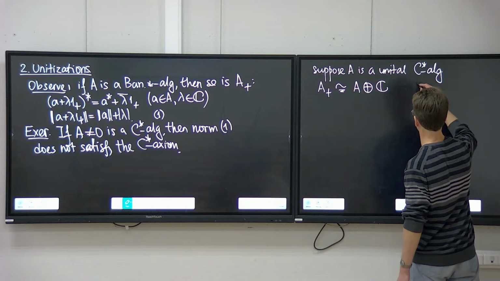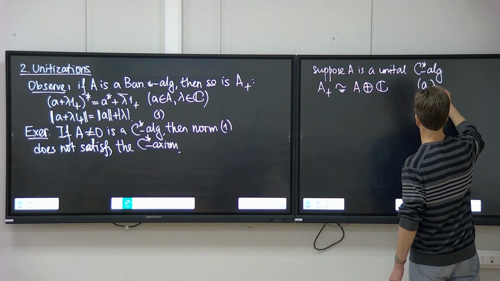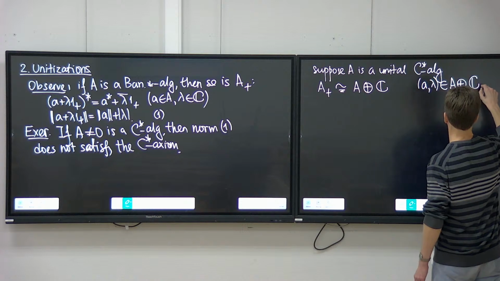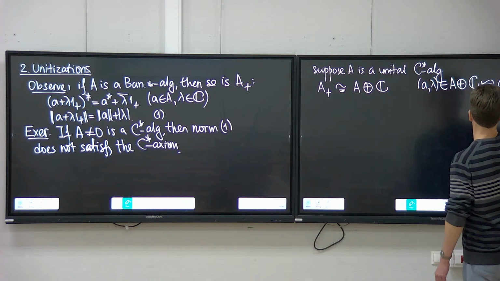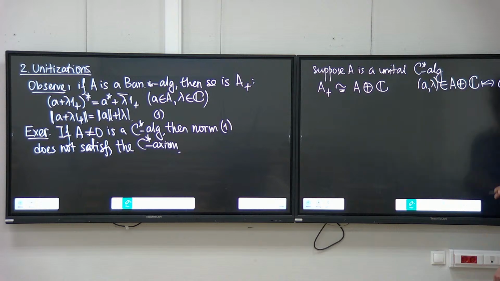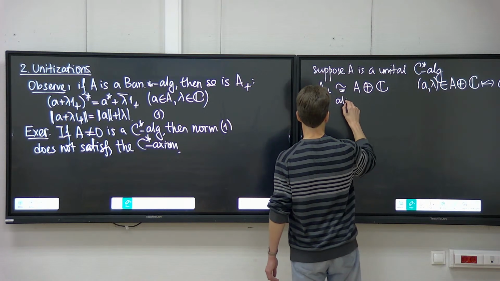It takes every element (a, lambda) in the direct sum to a plus lambda times the difference of two identities. And this is an algebra isomorphism.